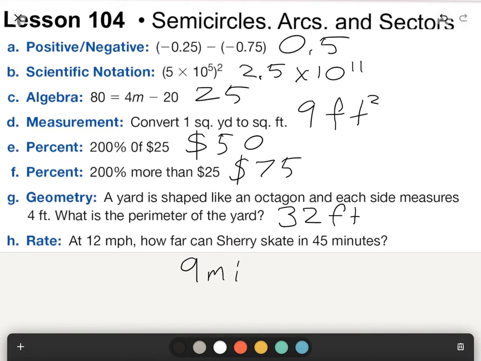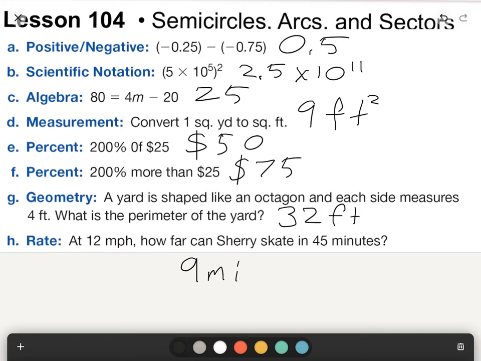Semicircles, arcs, and sectors. It really is just taking things you already know, using a little bit of deduction and putting together pieces to do things that we haven't done yet.